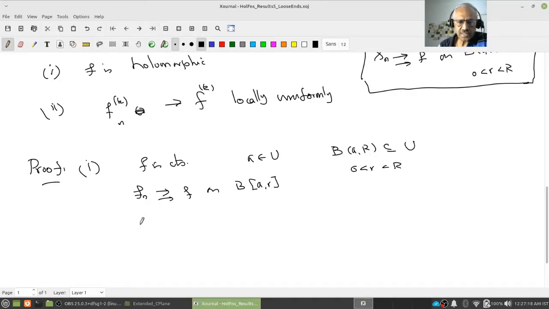Now the Fn's are continuous and converge uniformly to F, therefore I know F is continuous on the ball. In particular F is continuous at a. And this is true for all a, and therefore F is continuous on U.